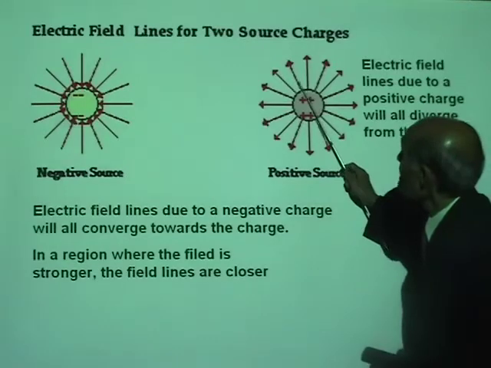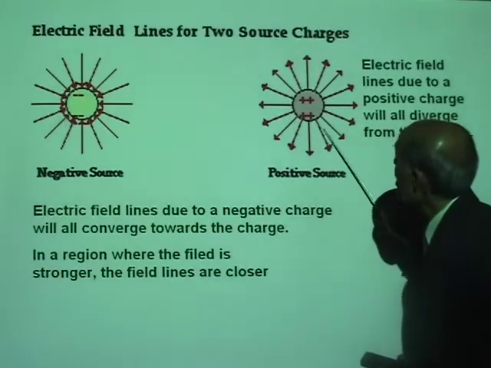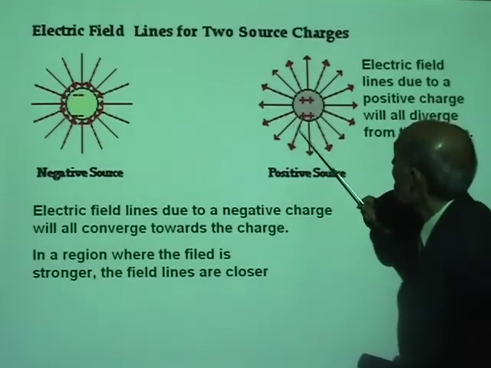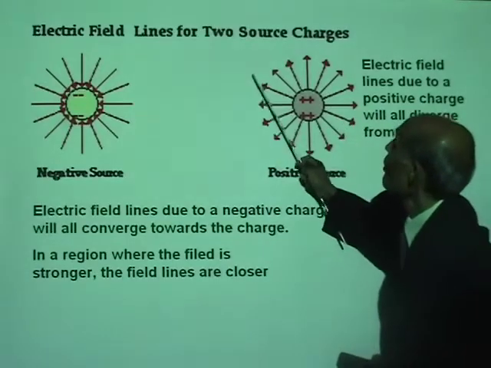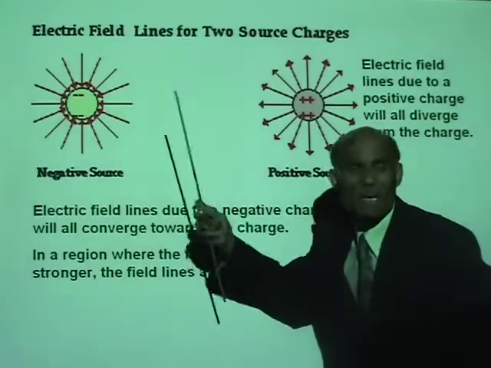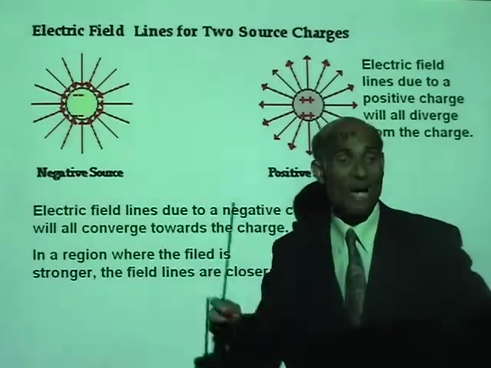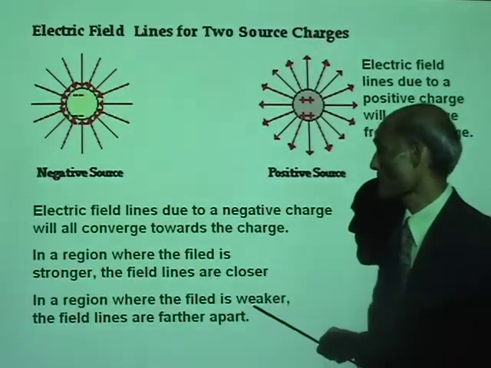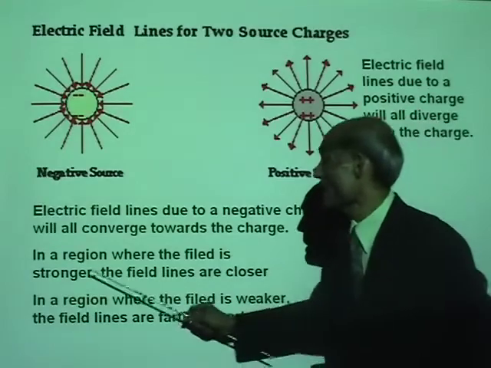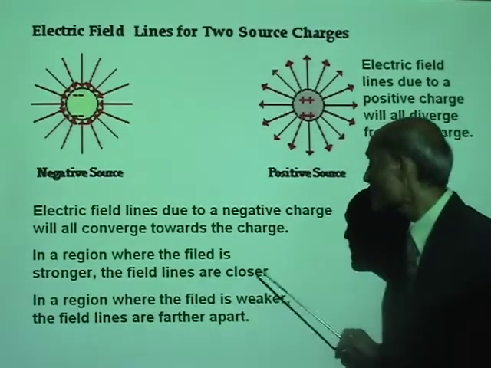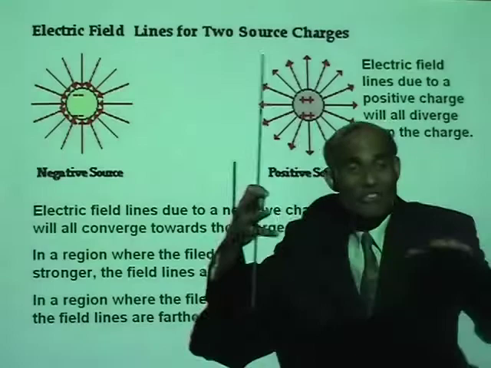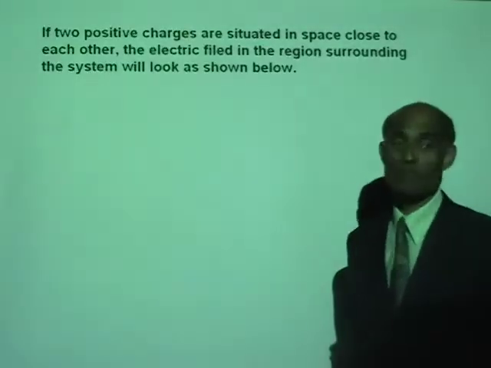Look at this, the field is actually stronger near the charge, where the lines are all closer. As you go away, the field becomes weak. It means the lines will all become widely separated. Whereas in a region where the field is weaker, the field lines are farther apart.